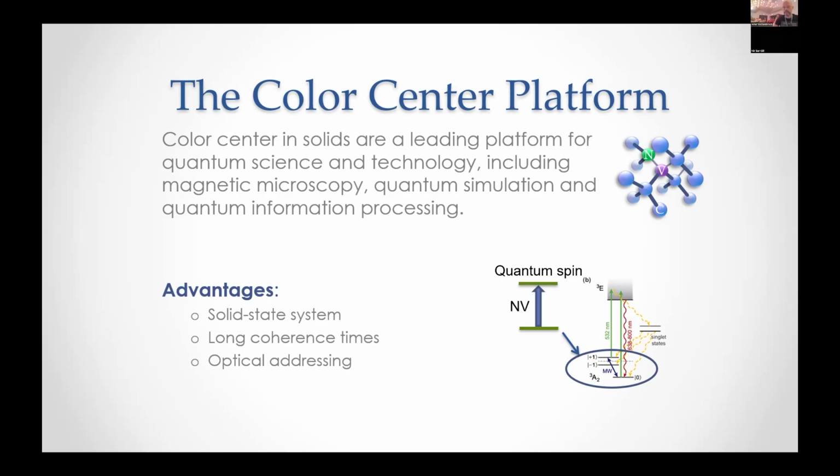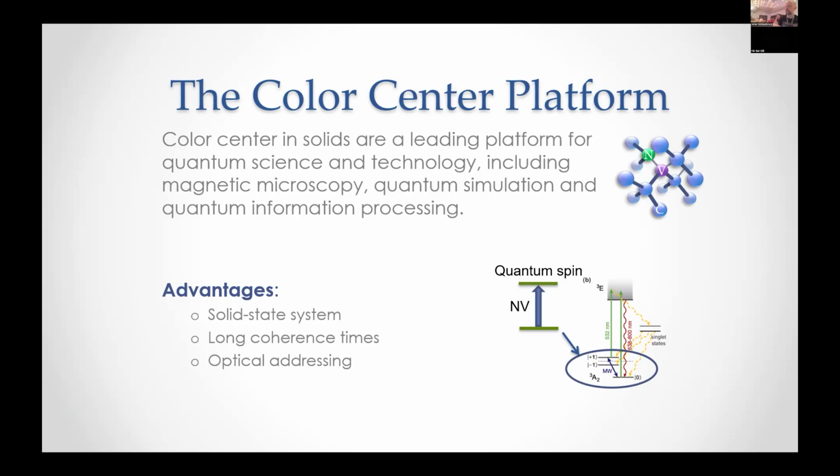By quantum, I will almost always refer to the ground state spin degree of freedom, which is quantum in the sense that it has a relatively long coherence time on the scale of hundreds of microseconds at room temperature, and that's why we can think about it as a quantum spin or a quantum system. And in addition to these nice properties, it's also optically accessible.